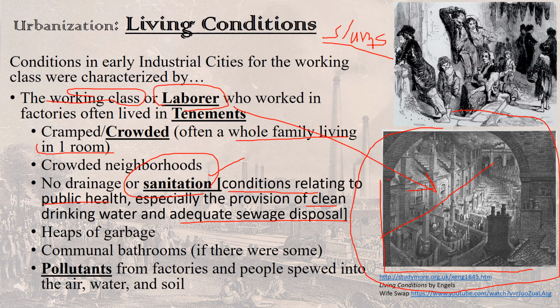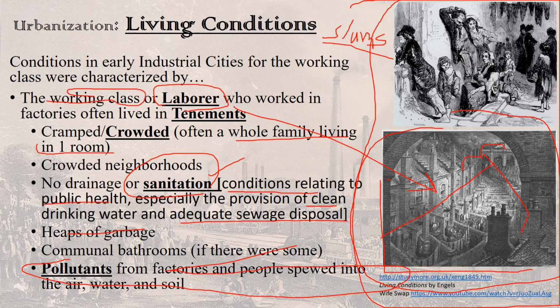You had heaps of garbage out on the streets. You had pollutants, right? The smokestacks from the factories are just dumping right in there. The trains are belching coal smoke. Everything was covered with a thin layer of coal soot from it being burnt off. And these are primary source documents from this time period, kind of exploring how dark and gritty and grainy things were.